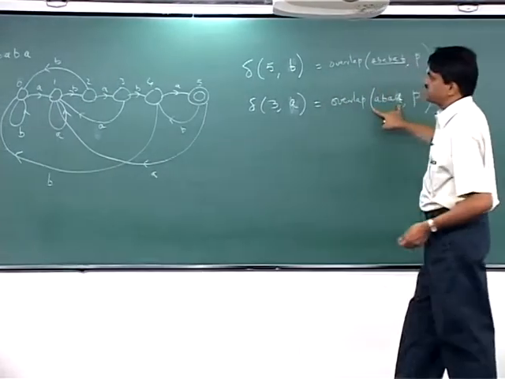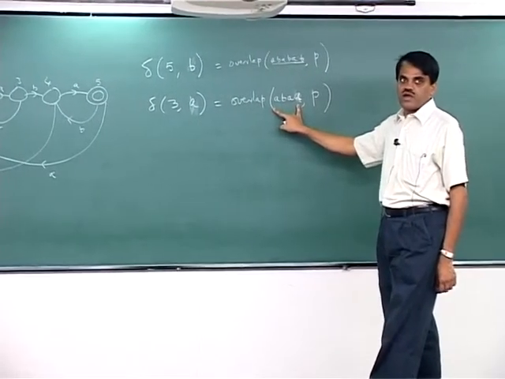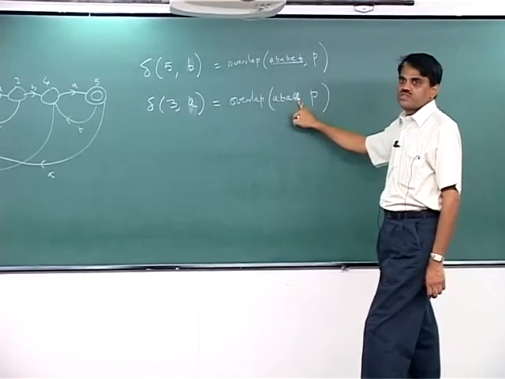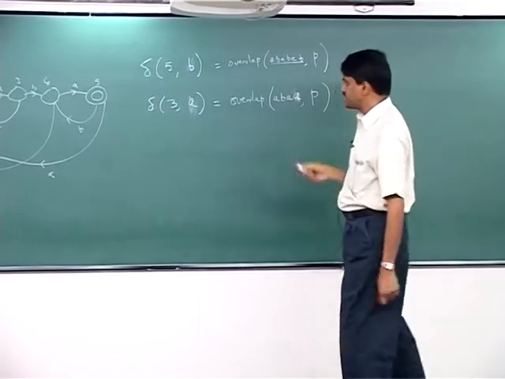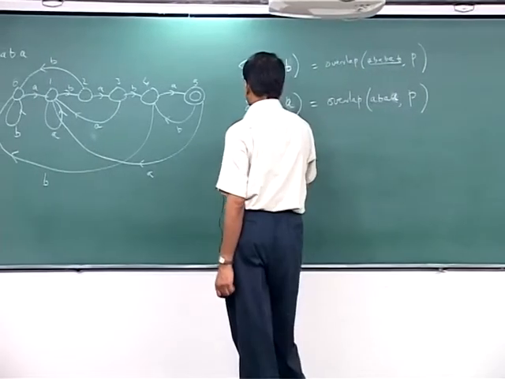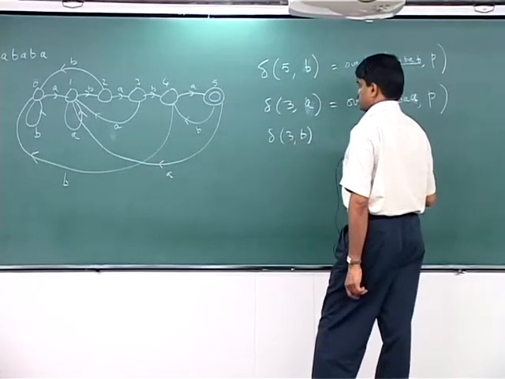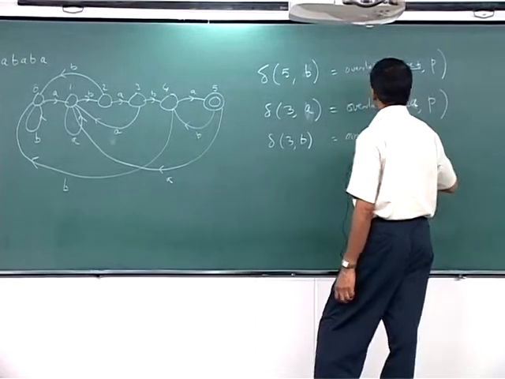So, what is the largest proper suffix of this substring, which is a prefix of the pattern? Well, A is only 1. So, length 1. So, I go to 1. Okay. Let us try delta of 3 on B, right. I claim this is overlap of, let us write down this.